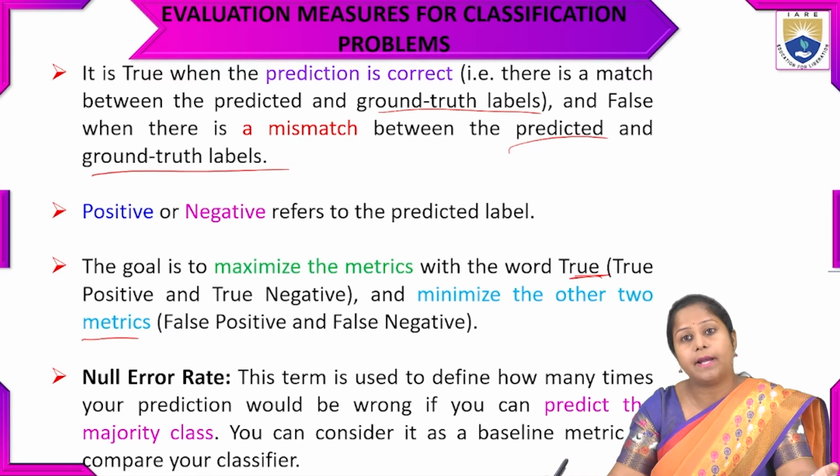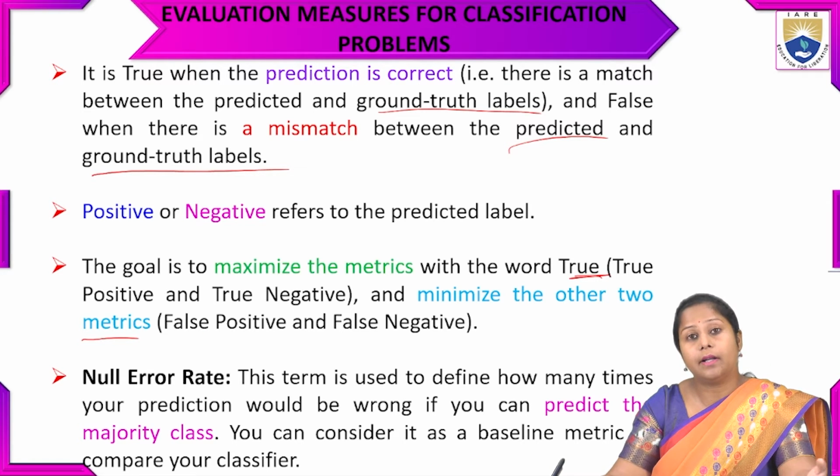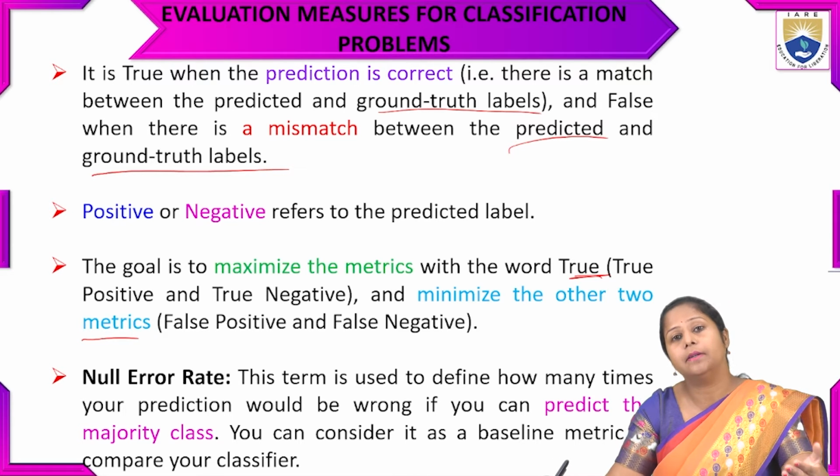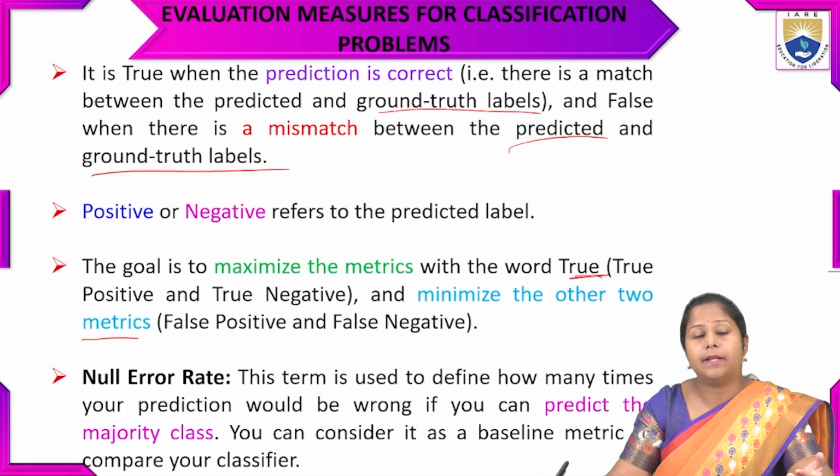If the classifier is classifying correctly, the true positive and true negative numbers will be the maximum, and if the false negative and false positive numbers are lower, then it is a good classification.